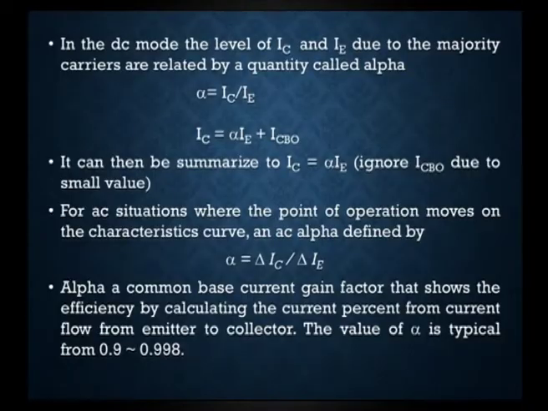Alpha is the common base current gain factor that shows the efficiency, by calculating the percentage of current flowing from emitter to collector. The value of alpha is usually about 0.9 to 0.998.